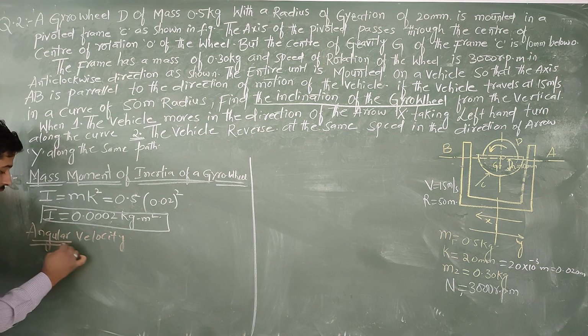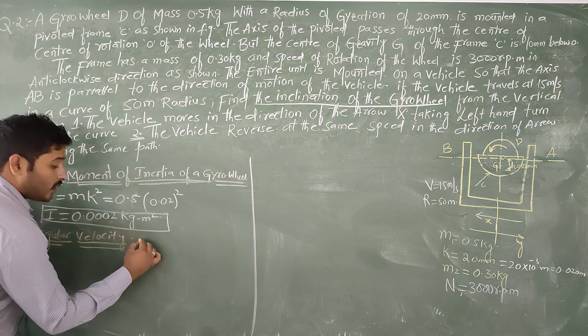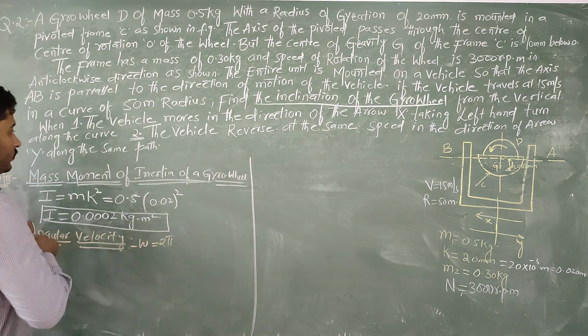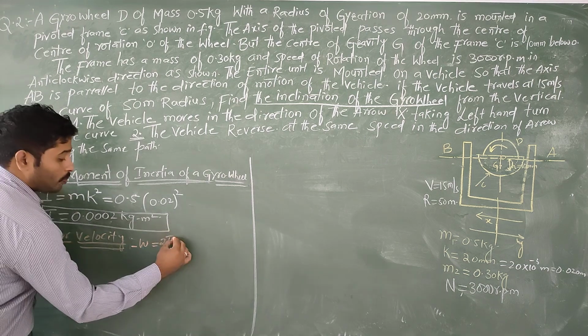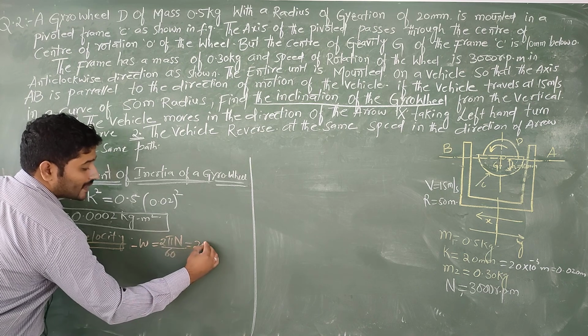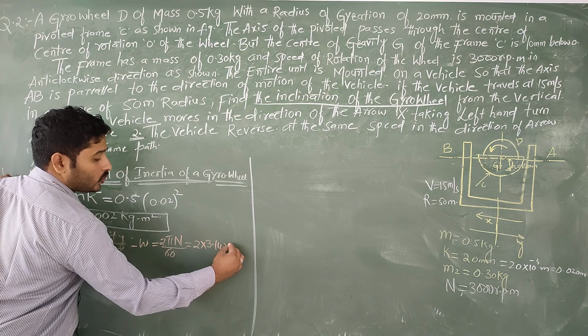For the angular velocity, what is the formula we have? Omega equal to 2 pi N by 60. Pi value is 3.142.